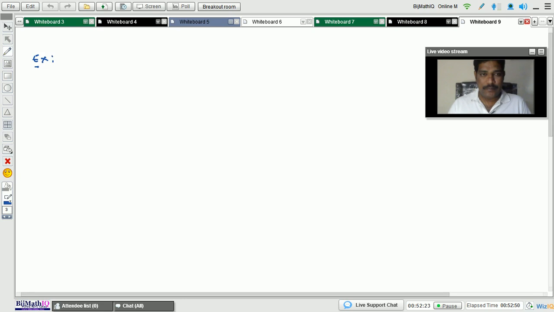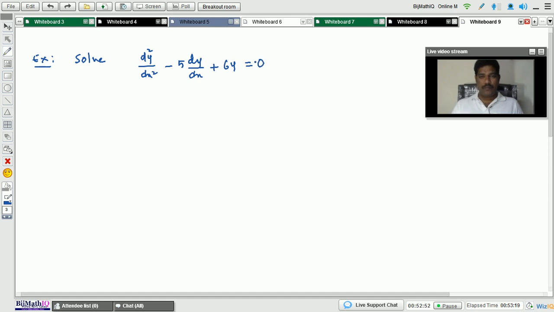The example we are taking here is: solve the differential equation d square y by dx square minus 5 into dy by dx plus 6 into y equals 0. This is the given differential equation.